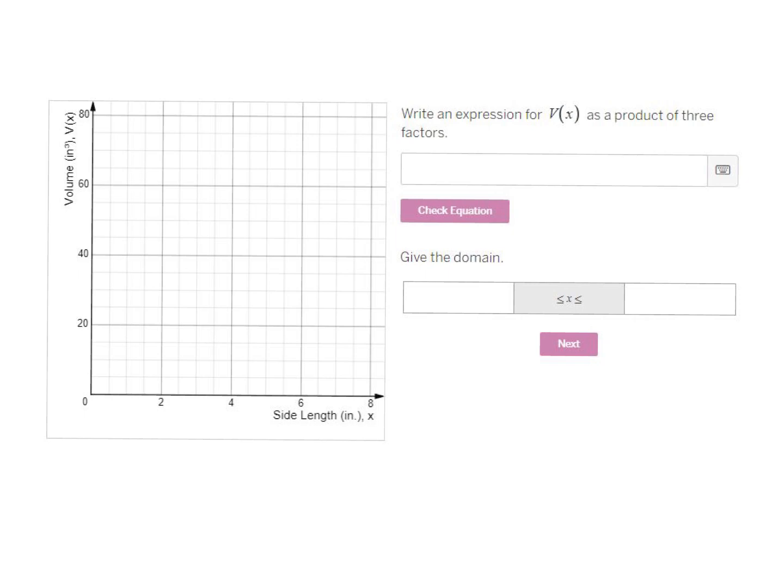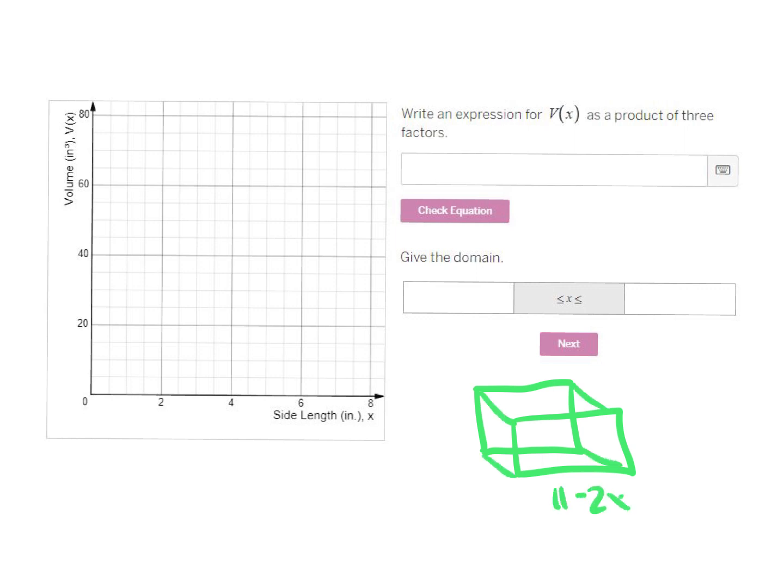Okay, so on the next slide, what I'm talking about is finding the volume of the box. Remember, our box here was an open top box, and the length of my box was 11 minus 2x. The width of my box was 8.5 minus 2x, and the height of my box was x.